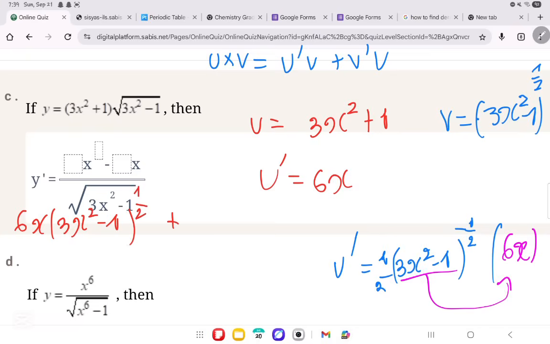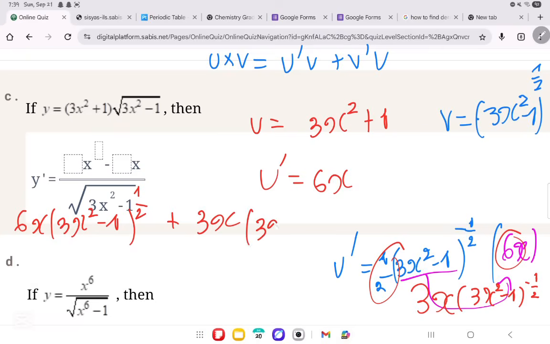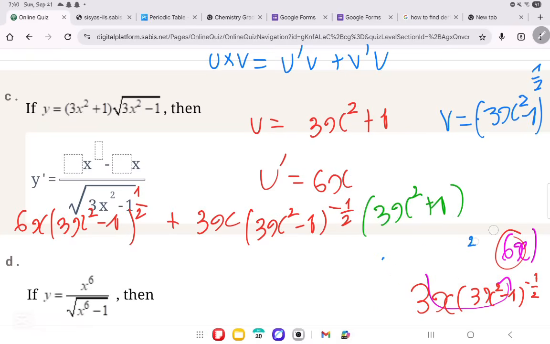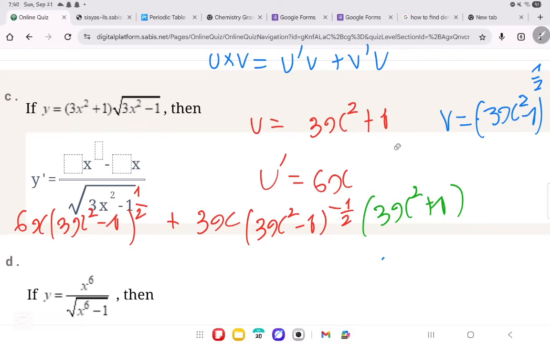Plus v prime u, which is, let's simplify this a bit. 6x times 1 over 2 is 3x times 3x squared minus 1 to the power of minus 1 over 2. So plus 3x times 3x squared minus 1 to the power of minus 1 over 2. Right? Now, multiplied by 3x squared plus 1. Okay, so perfect. This is what it's supposed to look like. Let me erase everything now, so we have a lot of space to deal with now.